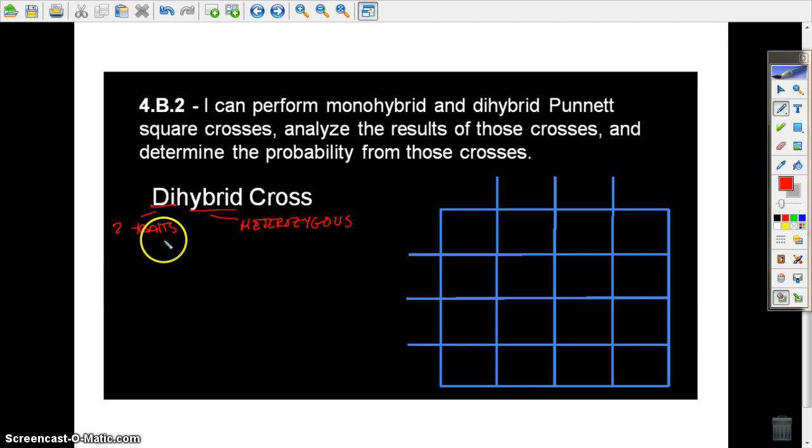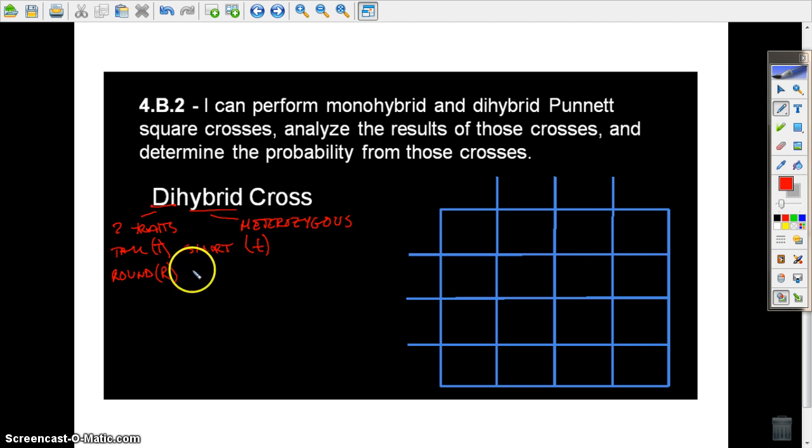All right, so let's stick with the tall and the short. So I have tall, big T, short, little t. And peas can also be round or smooth.